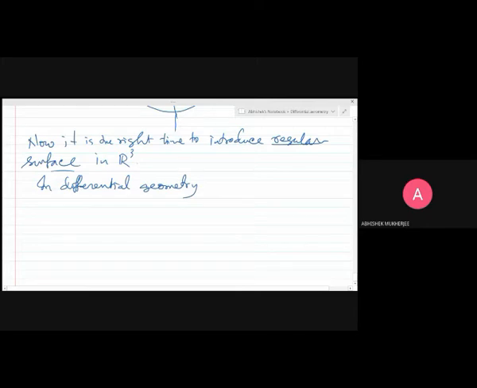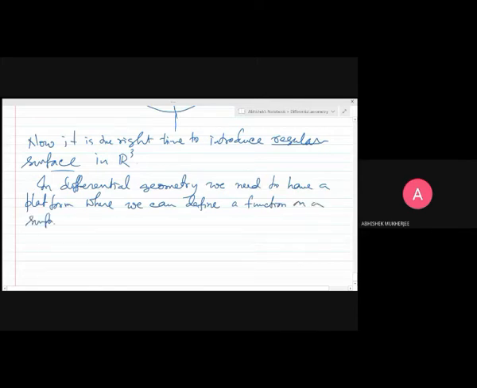So in differential geometry, we need to have a platform where we can define a function on a surface to be differentiable, right?